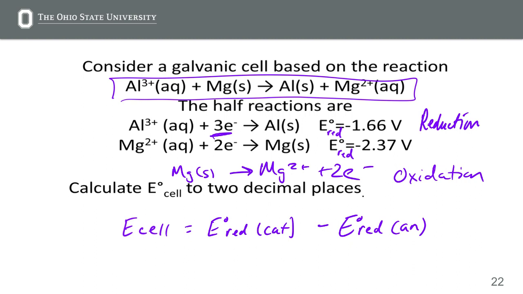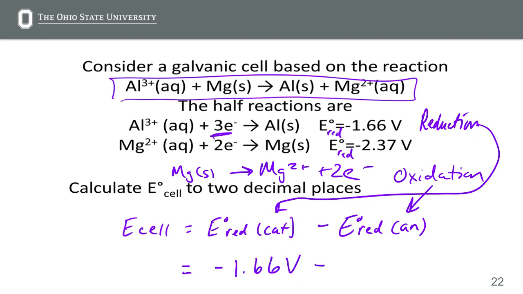Oxidation. And so reduction occurs at the cathode. And so our E cell is going to be the reduction potential for the aluminum half reaction, minus 1.66 volts, minus 2.37 volts for the magnesium half reaction.